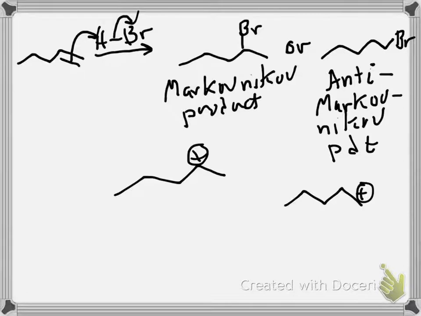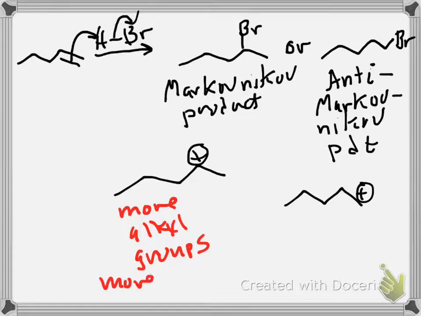In this carbocation, there are more alkyl groups. And we know that that means that there is more hyperconjugation compared to the carbocation on the right.